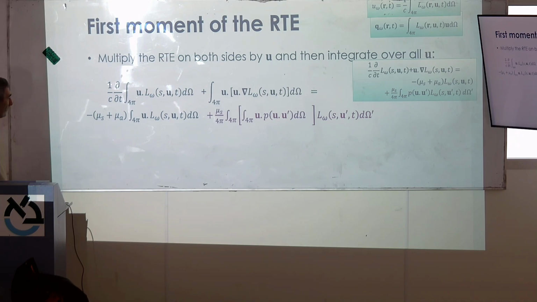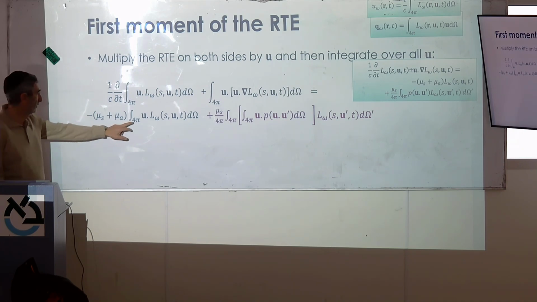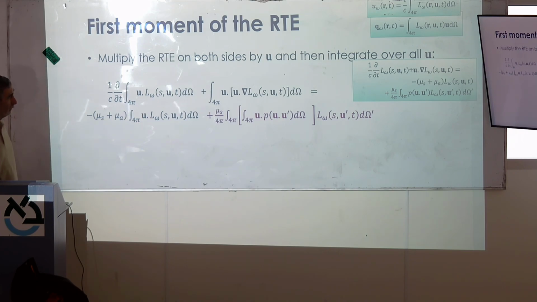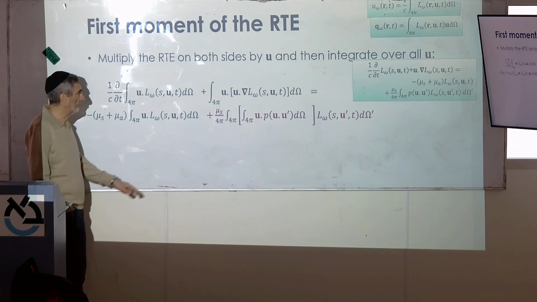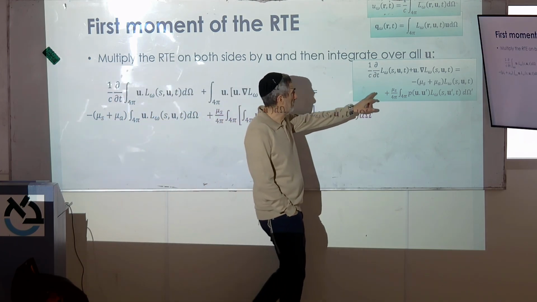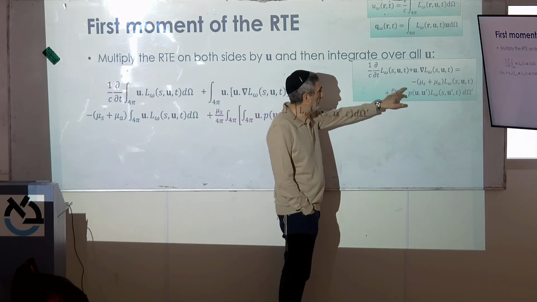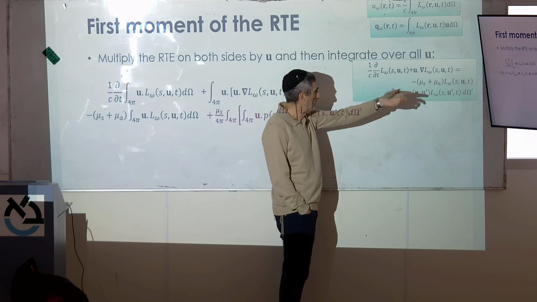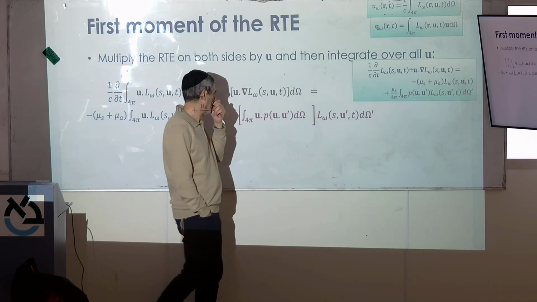On the other side, you integrate UL, so again we have Q, the flux, times mu s plus mu a, plus this term. So what can we do with this term? I'm integrating U times all this integral d omega.